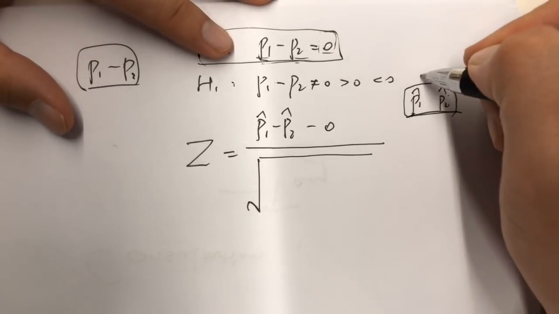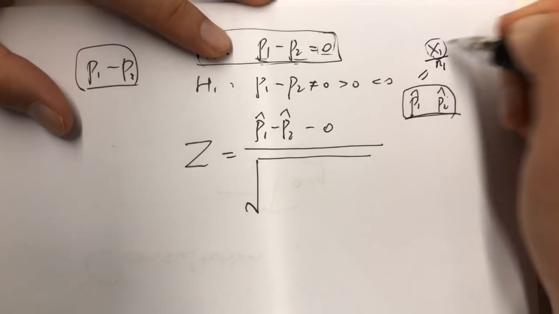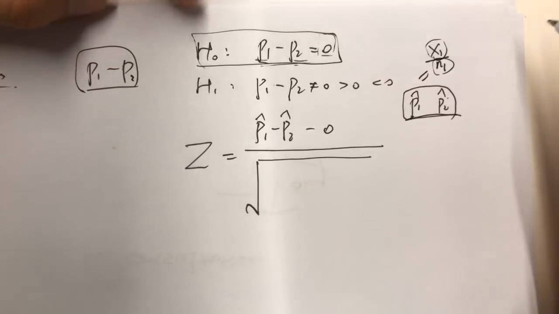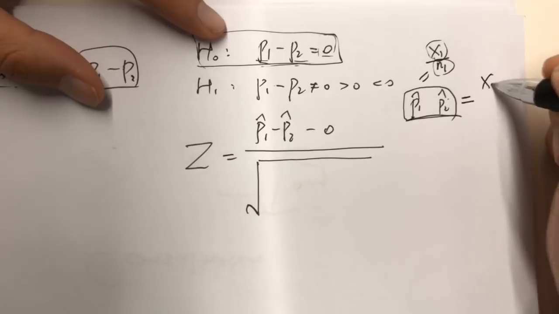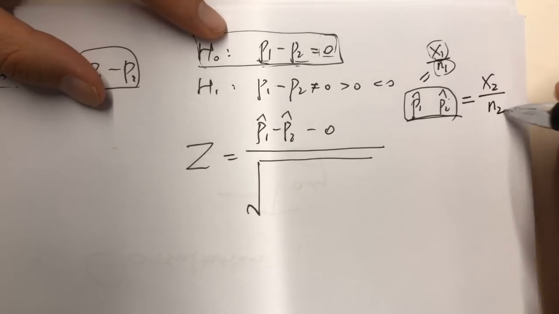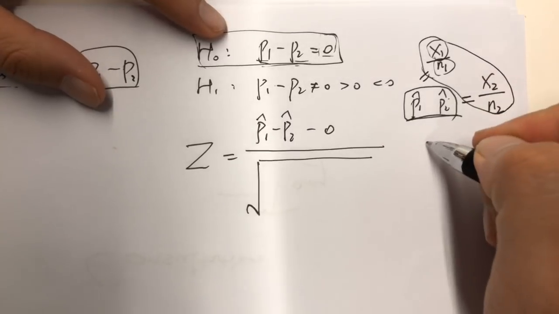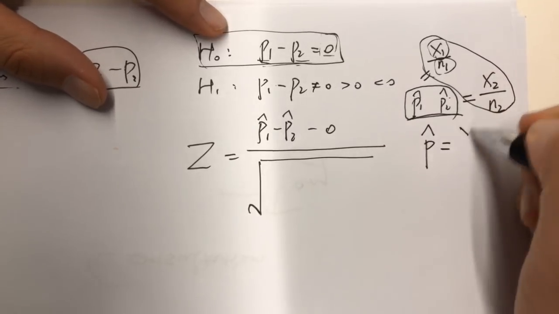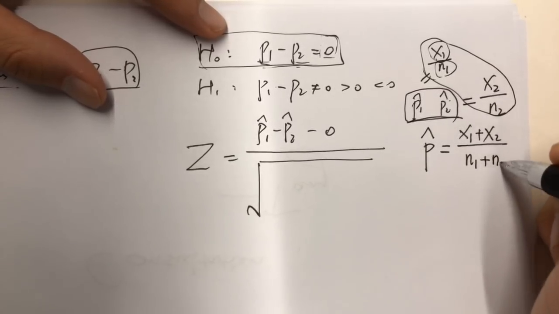For example, P1 hat equals x1 divided by n1, where x1 is the number of successes, or number of males or females, and n1 is the sample size. For P2, it's x2 over n2. So we need to calculate P hat, which is given by x1 plus x2 divided by n1 plus n2.